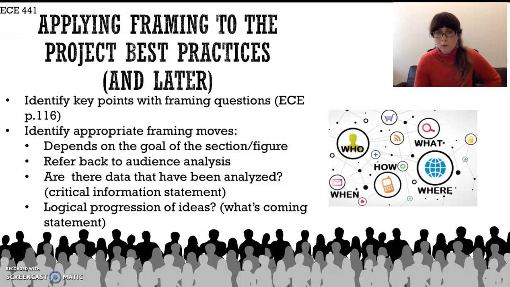So that's one good clue that you might need a critical information statement, something that boils down and interprets that data with a key idea or takeaway. Okay, and then also a logical progression of ideas. If you can identify that there's a logical progression of ideas, then you're probably going to need an overview of those ideas or a what's coming statement.